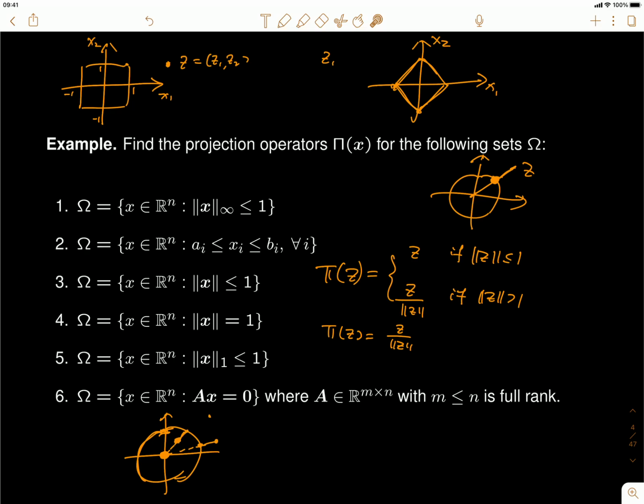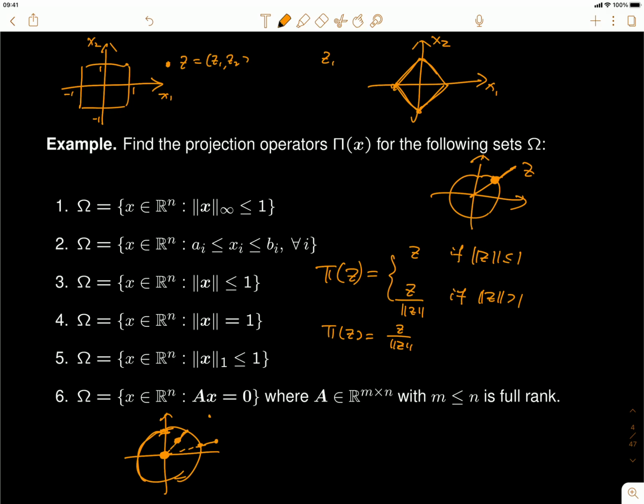The last example is pretty common. The omega is described by a hyperplane. It's a linear subspace of R^n, described by the null space of the matrix A, where A is an n by n matrix. And we may also consider projecting onto that.